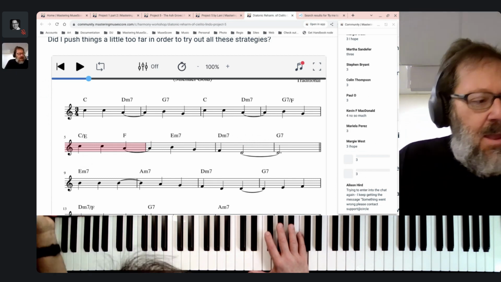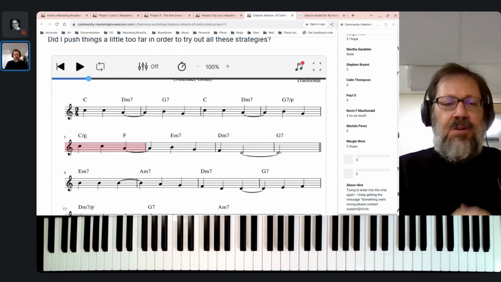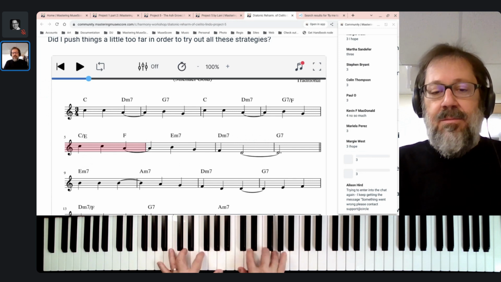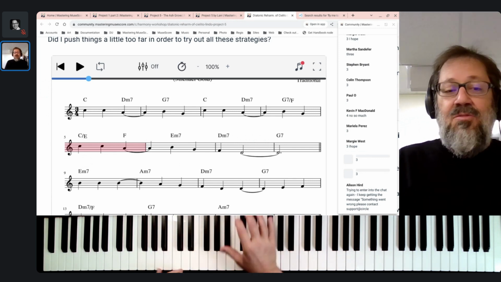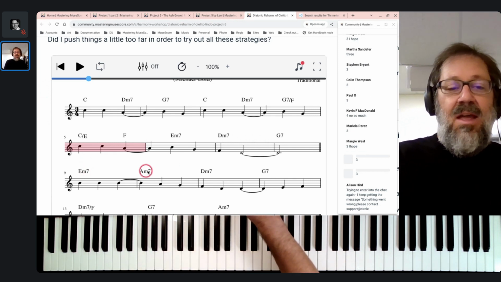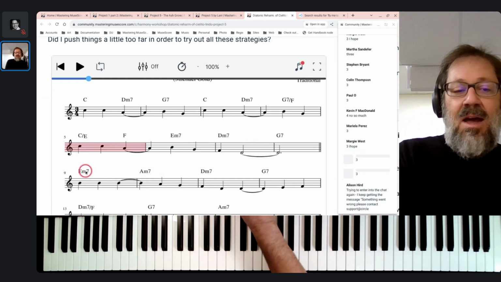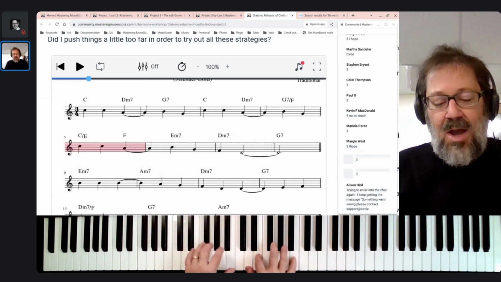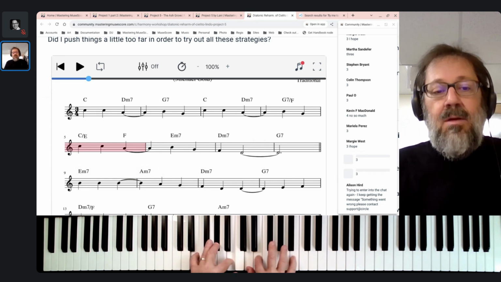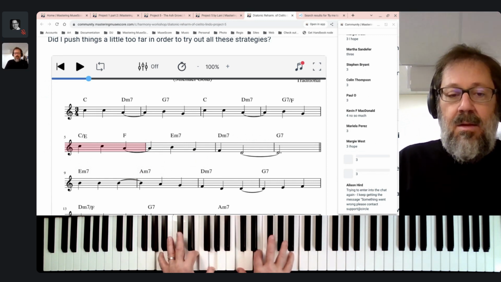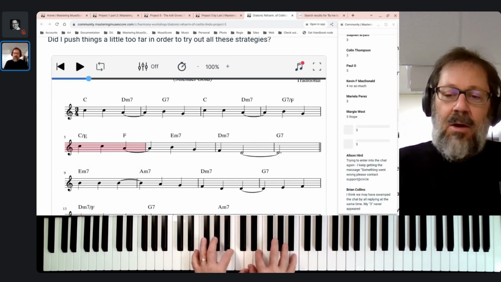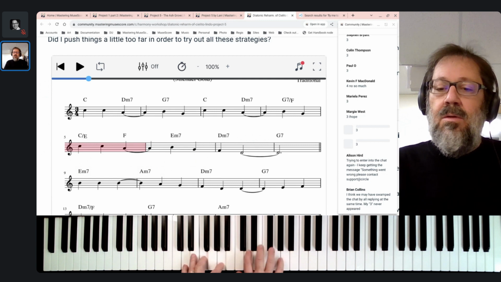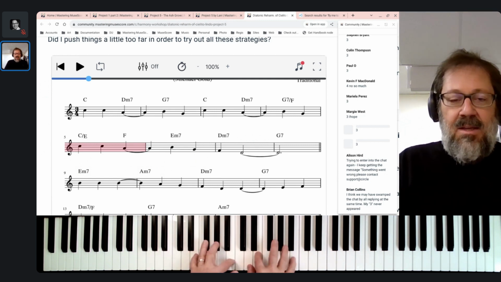I can just hope for the best here. So we have the circle of fifths here, which makes me think I could potentially make these secondary dominants as well. So instead of E minor 7, I could try E7. And that totally fits the melody. Right?